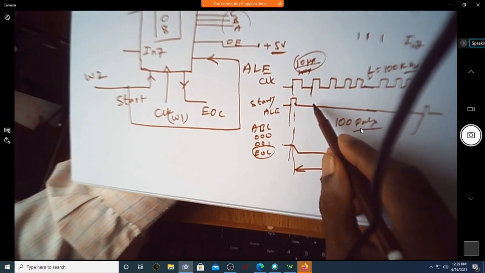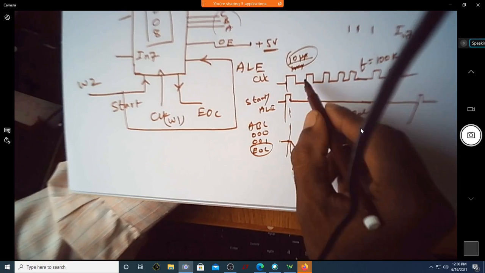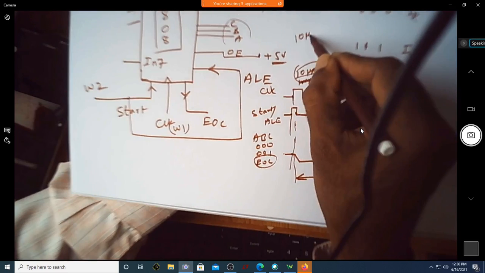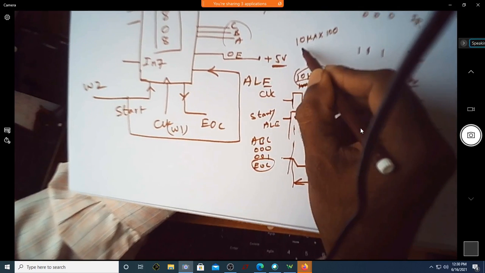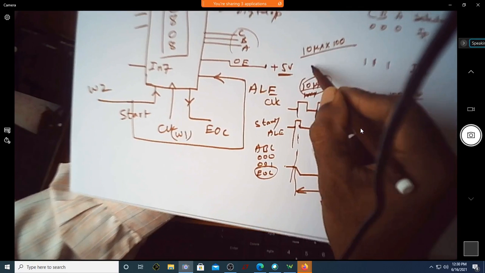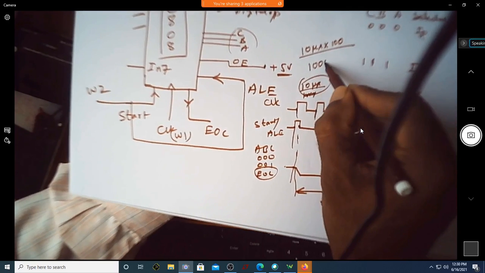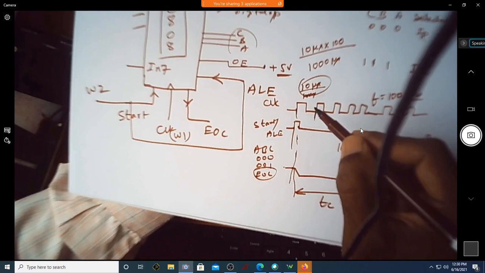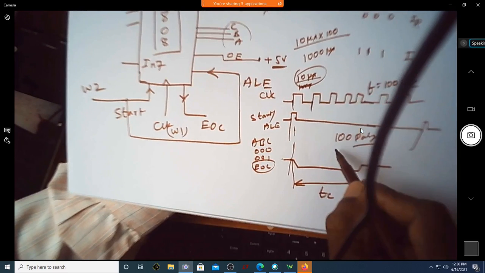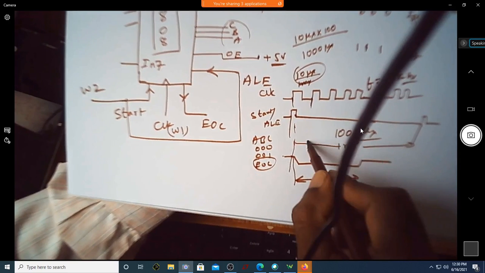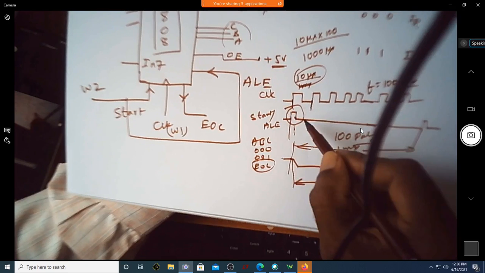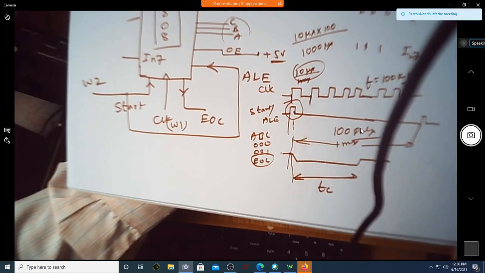Now you can see 10 microsecond into 100 pulses is equal to 1000 microsecond, which is 1 millisecond. If the timing is 1 millisecond, will I get one start of conversion for every 100 clock pulses?